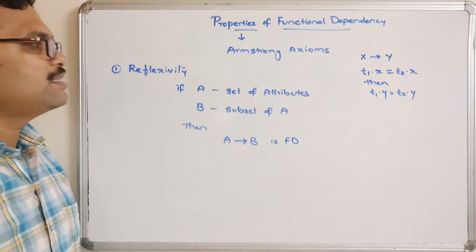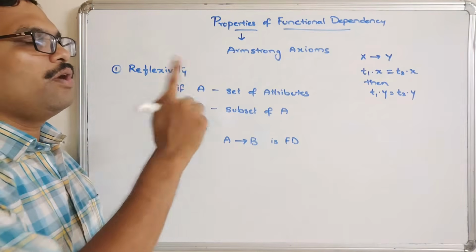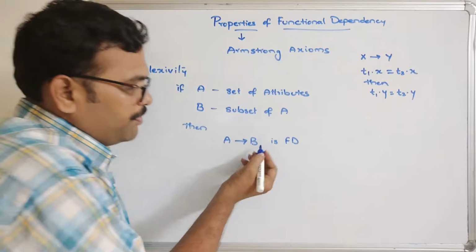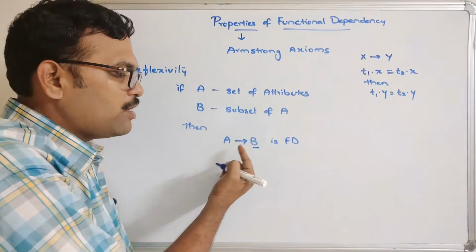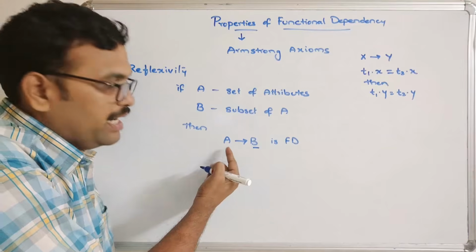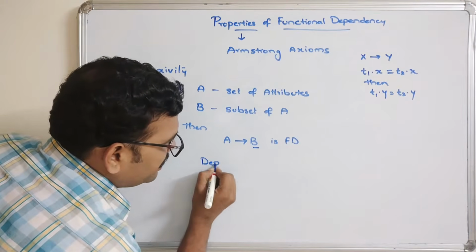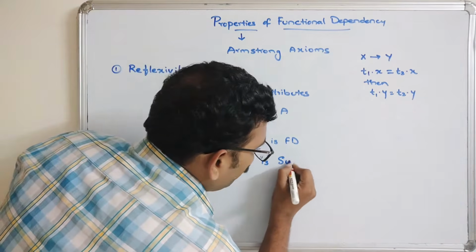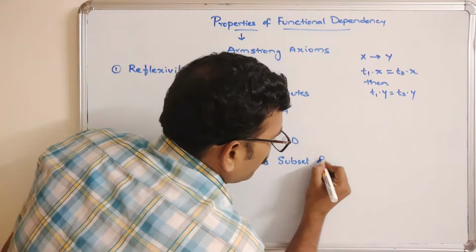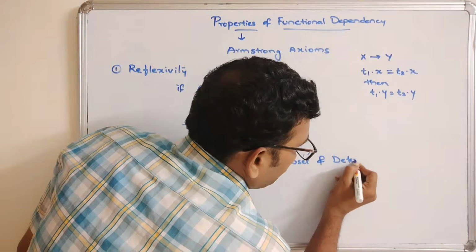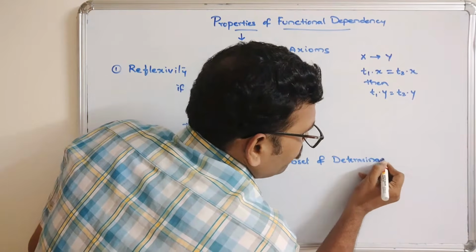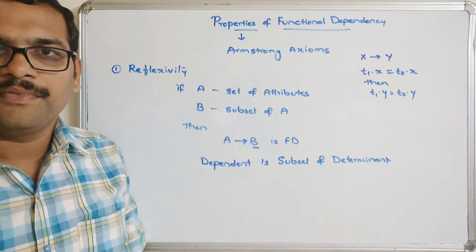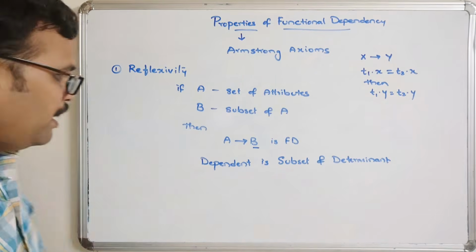So this is the first property, or we can call it the first Armstrong axiom, that is, the dependent is a subset of the determinant. Then we call this property the reflexivity property, right?